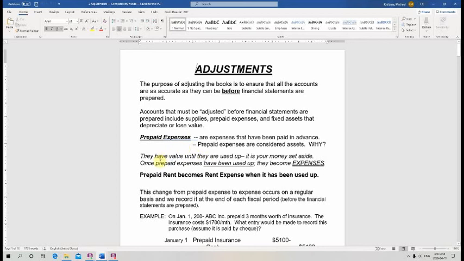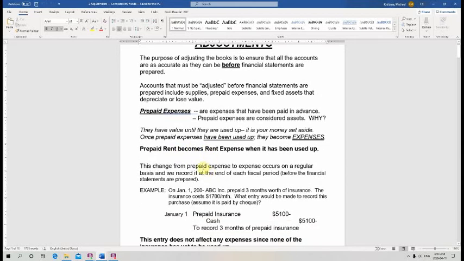Now, once the prepaid expense has been used up, it's going to become an expense. So prepaid rent will become rent expense once it's used up. Now, this change from prepaid expense to expense occurs regularly. So as the fiscal period goes on, it's going to be happening.